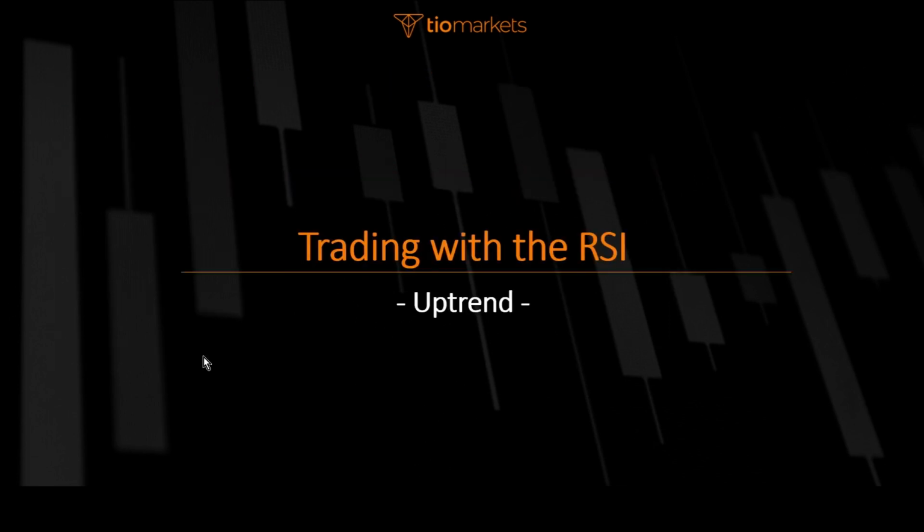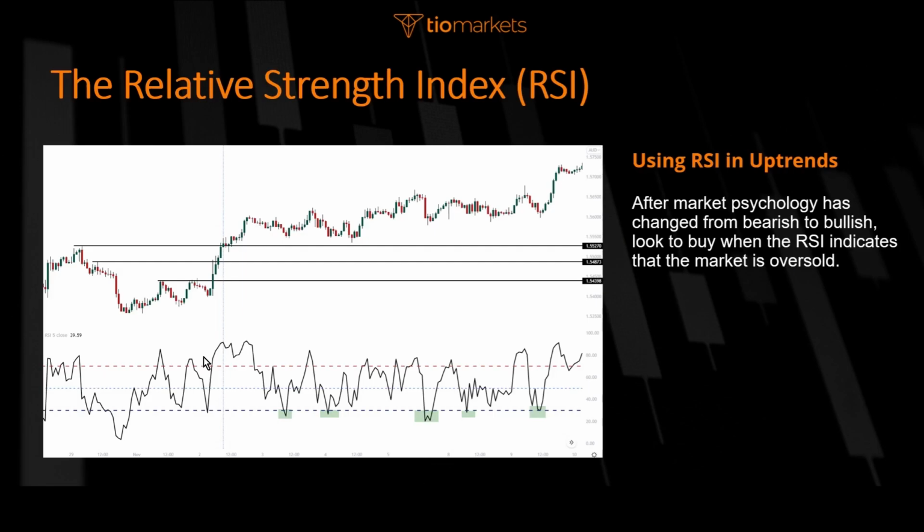Then in the uptrend, using the RSI in uptrends is obviously different to using the RSI in ranges. You need to wait for the market psychology to change from bearish to bullish. In a bearish market, when the market hits a resistance, it's more likely to turn lower and make a lower low. But when you see the market breaking resistance levels and starting to create higher lows, that's when you know there's a high probability that the market is actually going to trend higher, so I'm going to use my RSI indicator differently.